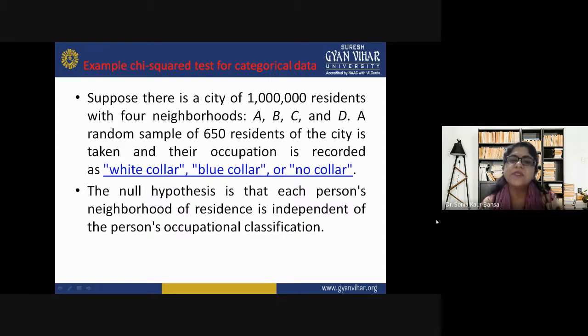A random sample of 650 residents of the city is taken, and their occupation is recorded as white collar, blue collar or no collar. So this is how categorical data is arranged. The null hypothesis is that each person's neighborhood of residence is independent of the person's occupational classification.